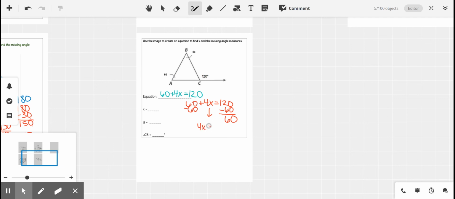We have 4x equals 60. Our last step to finding x is dividing by 4. And x will equal 15. Let's plug that in.